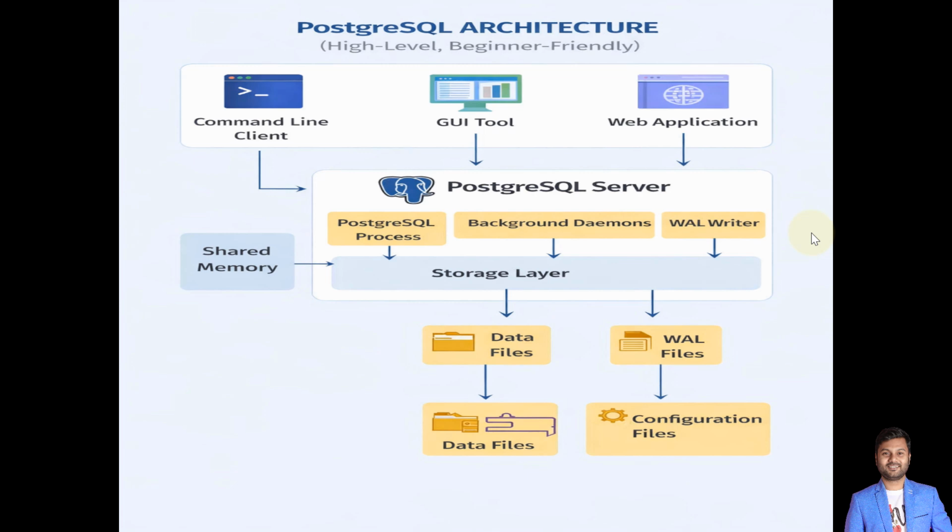So you don't need to understand everything now, just know that these processes make PostgreSQL stable and reliable. So there is one more component, which is storage layer. So this is where PostgreSQL actually stores the data, that means in files on disk. So important part of this layer is tables, indexes, WAL, that is write ahead log. So write ahead log ensures that even if your computer crashes, your data is safe.